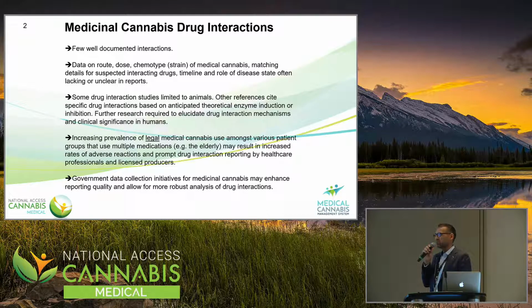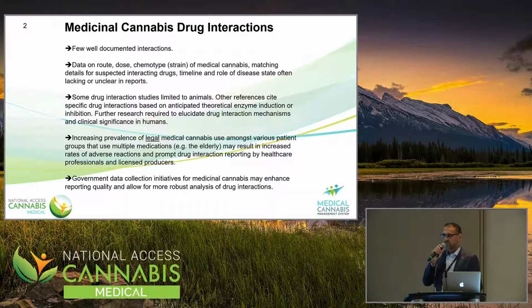For example, you're going to see an influx or a heightened use of medicinal cannabis in the elderly. You will generally see greater use, which may prompt greater rates of adverse reactions and may prompt drug interaction reporting.